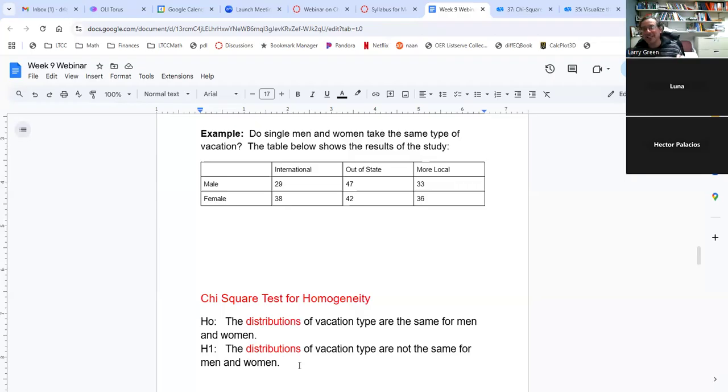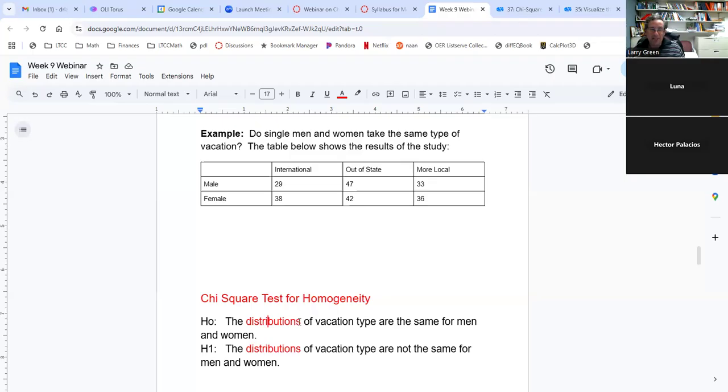And hopefully you heard how loud I yelled distributions. Notice it's plural because we've got a distribution of men, a distribution of women, and we're looking at the two of them. We're not comparing one unknown to a known. It's just two unknown distributions. Do you see how that works?